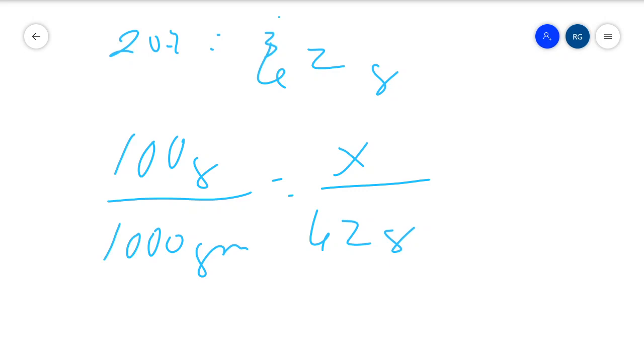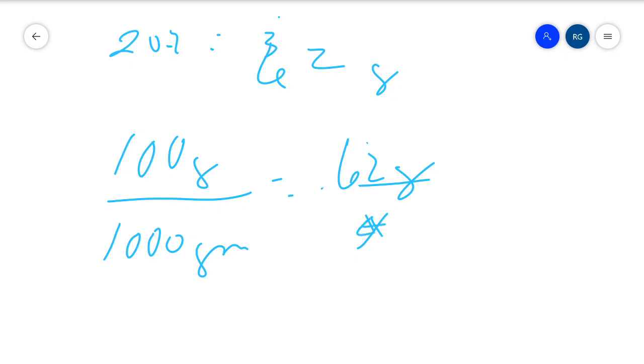So it's 62 times 1,000 divided by 100. It should equal 6.2. We have to flip this one around. That's supposed to be up there over x.